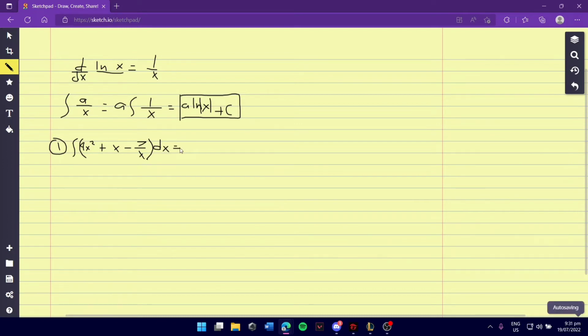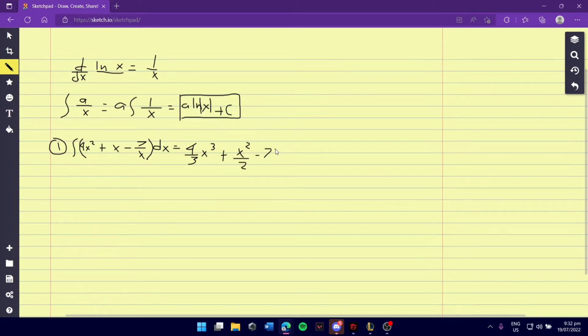So we will integrate it term by term. The integral of 4x squared is simply 4 thirds x raised to 3. Next, the integral of x is simply x squared over 2. And now we have the integral of 7 over x. We will factor out the constant, which is 7. Then the integral of 1 over x is ln x.